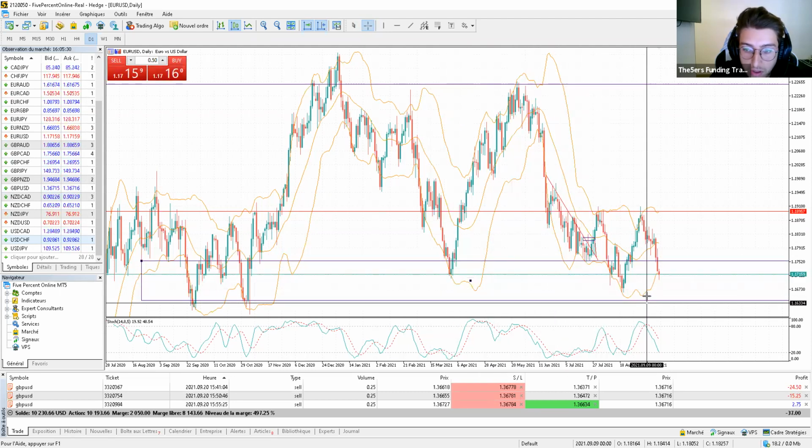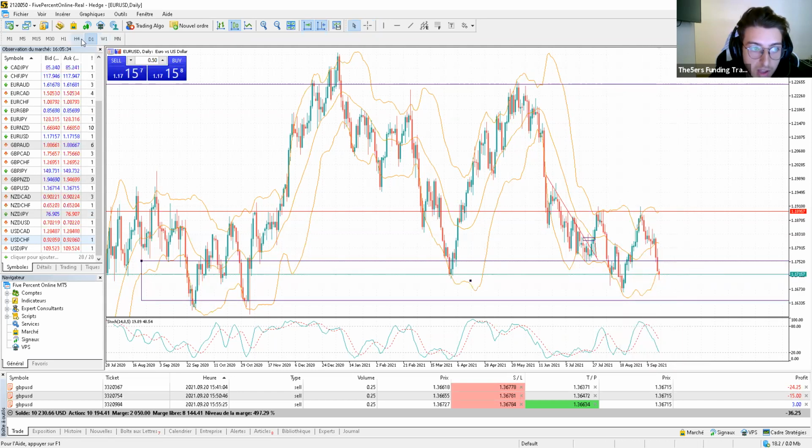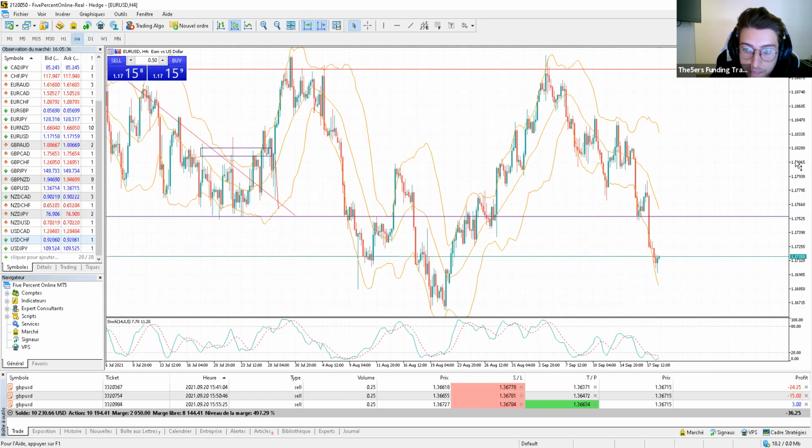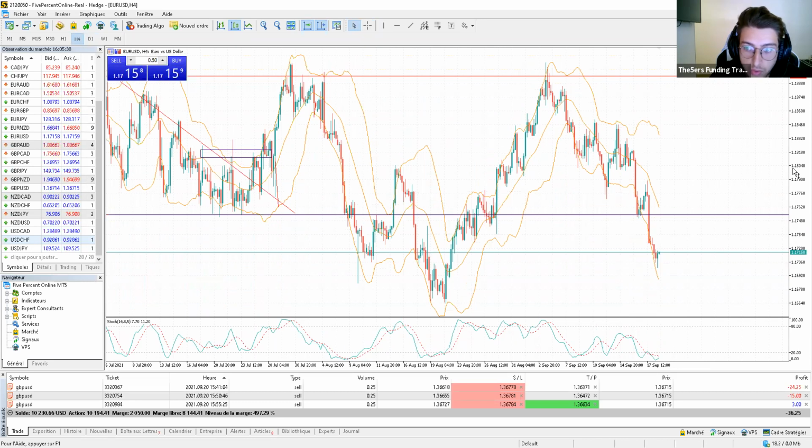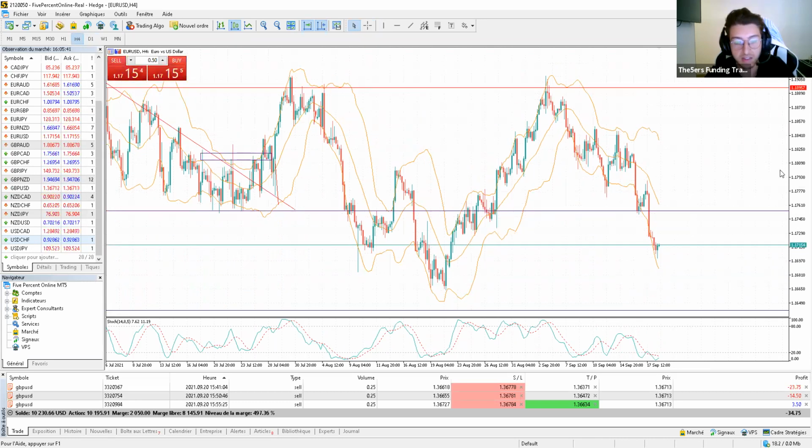So I believe we can have on a daily basis a small retracement, but you have to be careful. We know that all the stock markets are starting to go down. The VIX, that is the volatility index, which we also call the fear index, is going higher. So in my opinion, we are entering a moment of the market that might be risk off.